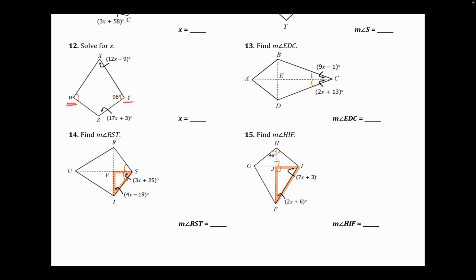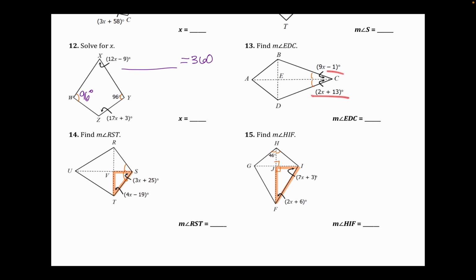Remember, Y and W are going to be congruent. So this angle right here is also going to be 96 degrees. And then all this is going to add up to 360. So just take all those measures, add them up, and put them equal to 360. In this one, number 13, that's kind of like the one we just got done doing in the notes.